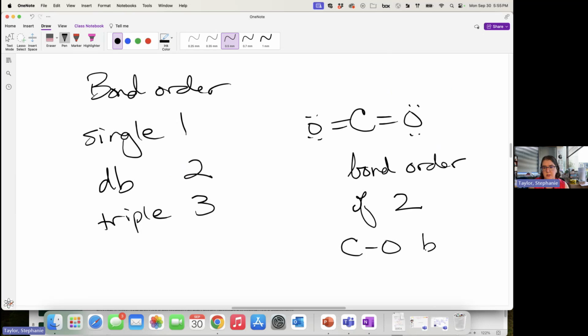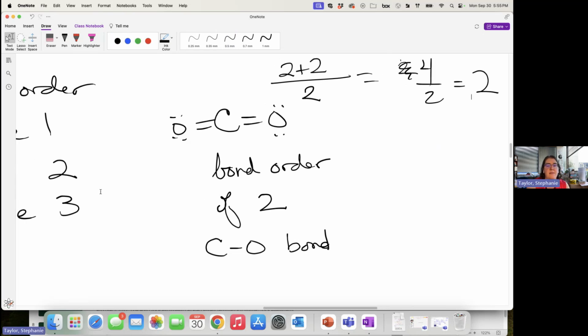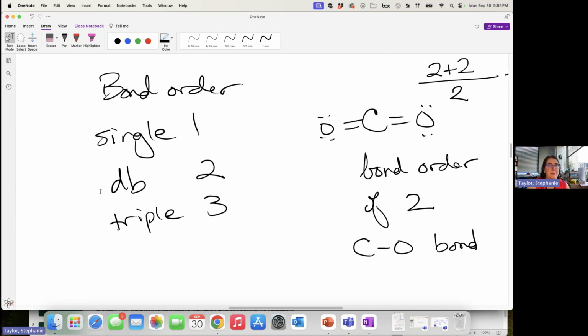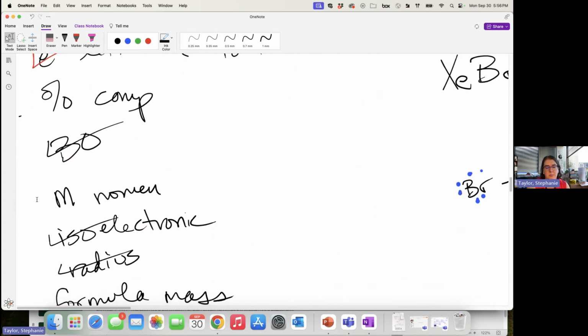We could still do that math if you'd like: there are 2 double bonds, so they each have a bond order of 2, and there are a grand total of 2 bonds, so that's 4 over 2, or 2. We have a tendency to ask about bond order in an application to resonance, which is where that usually pops up. So there is that. Okay, bond order.